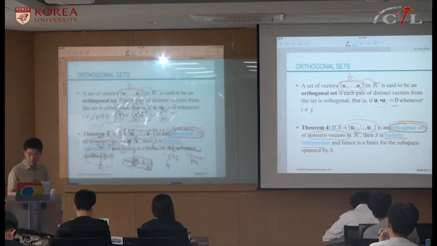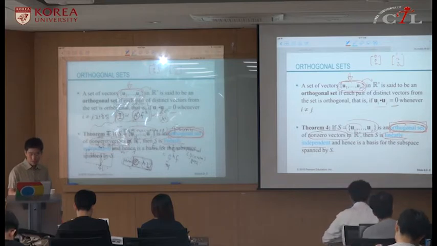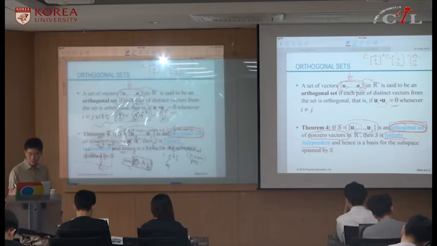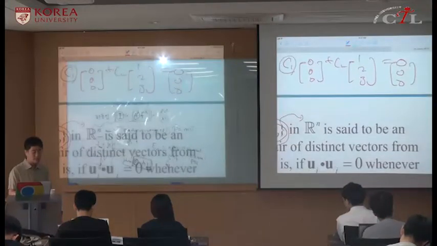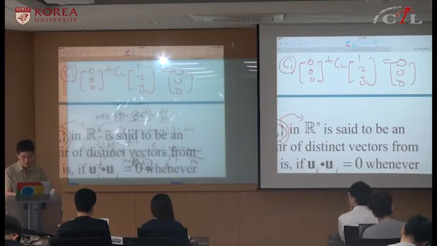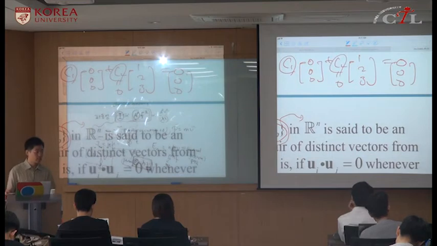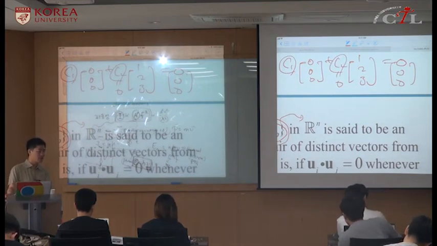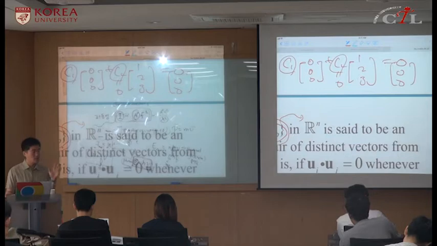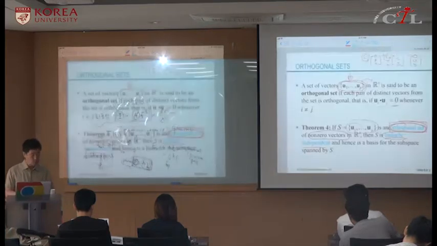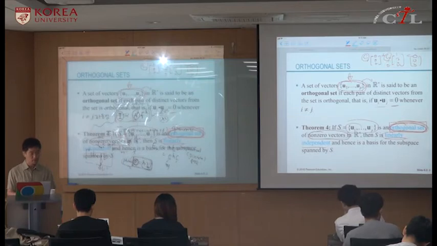Because if we have a 0 vector and maybe another vector, we can always find a non-trivial solution for this equation by setting c1 as non-zero and c2 as 0. So if the 0 vector is contained in our vector set, then it is linearly dependent. So we just exclude this case, so that our orthogonal set is composed of non-zero vectors.